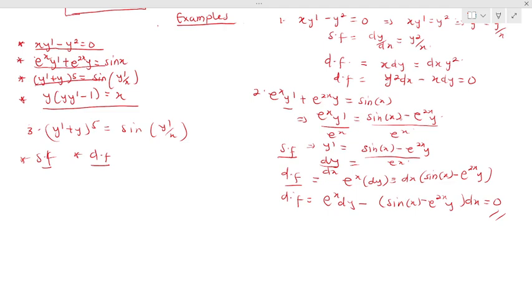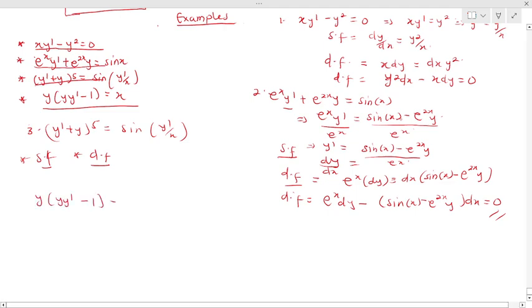Finally, we have y multiplying (y times y prime minus 1) is equal to x. So let's first express it in the standard form. How do I do that? As I said, maintain the y prime on one side, then send everything else across. So I have y prime minus 1 equal to x on y. First step, I'll have y prime is equal to x on y plus 1.